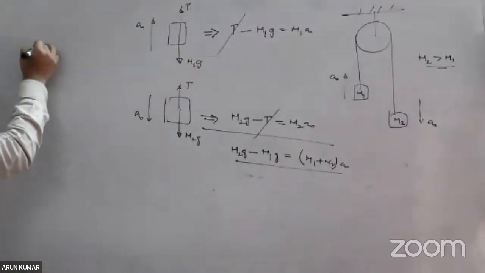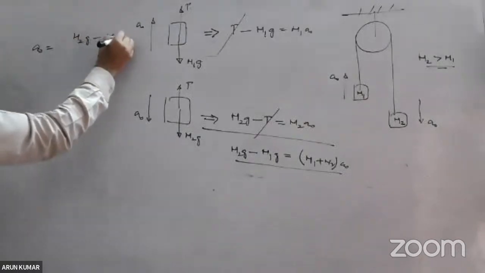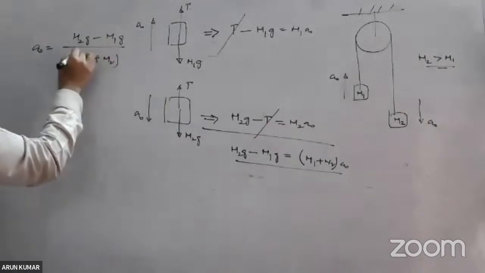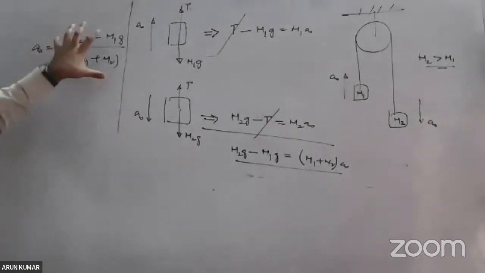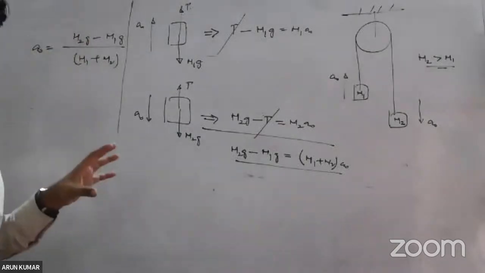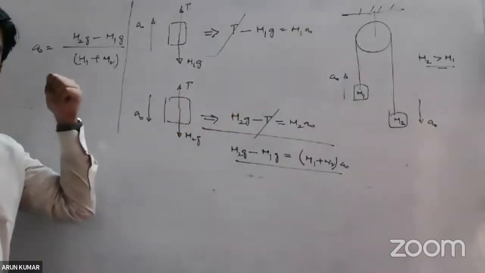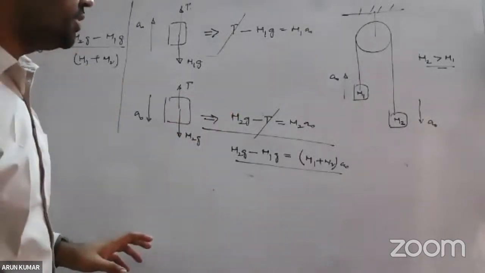So my acceleration A0 is equal to M2G minus M1G by M1 plus M2. Now let's understand this equation, students. Don't memorize this equation. Many students memorize it, but if the situation changes a little, this equation fails. I'll show you how. But how to understand this equation?